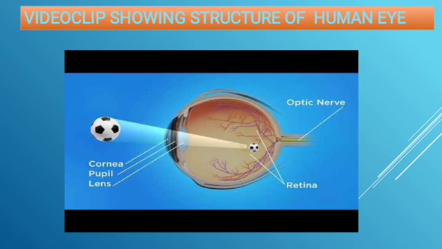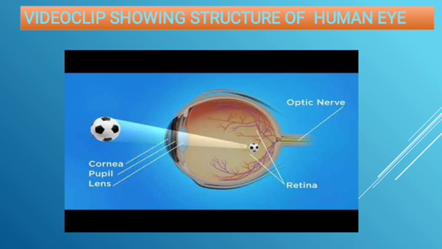When the light ray is incident on the object, the light ray falls on the object and passes through the lens. The lens converges all the incident rays and focuses them on the retina screen.